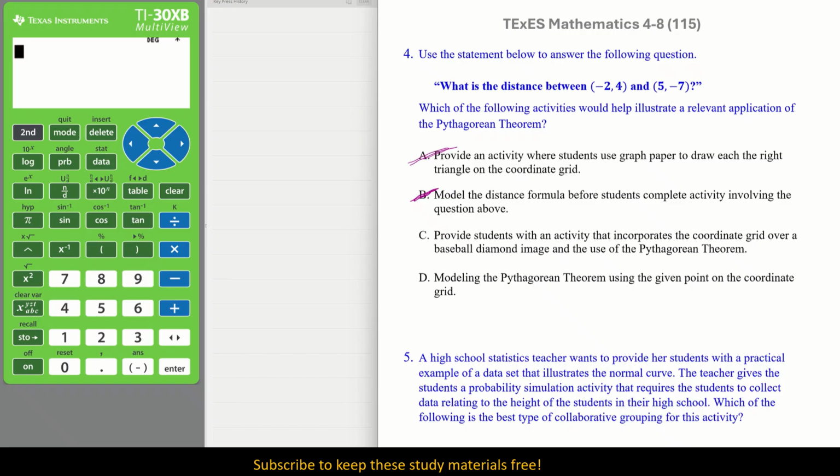Okay, C, provide students with an activity that incorporates the coordinate grid over a baseball diamond image and the use of the Pythagorean theorem. I like that one. And in one of my prior videos, there was actually a question like that. So you can take the diamond and you can have someone out in, say, behind first base.